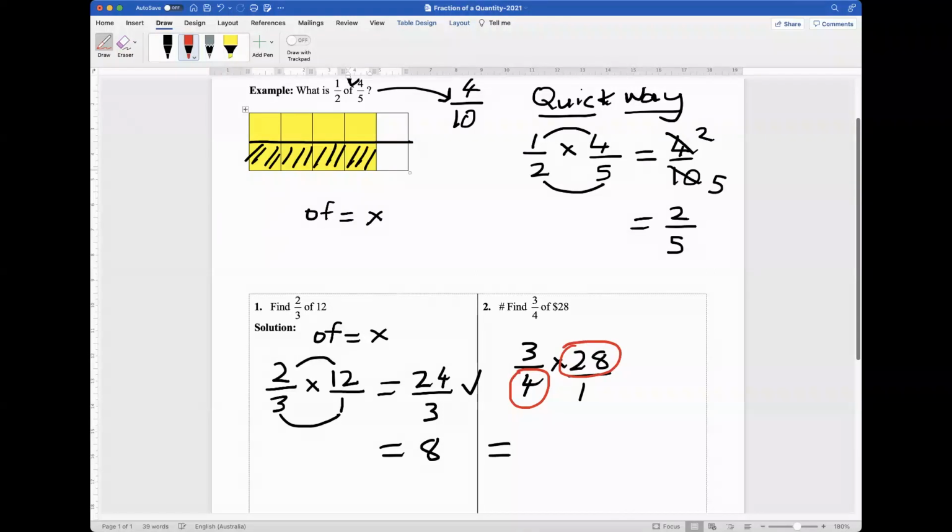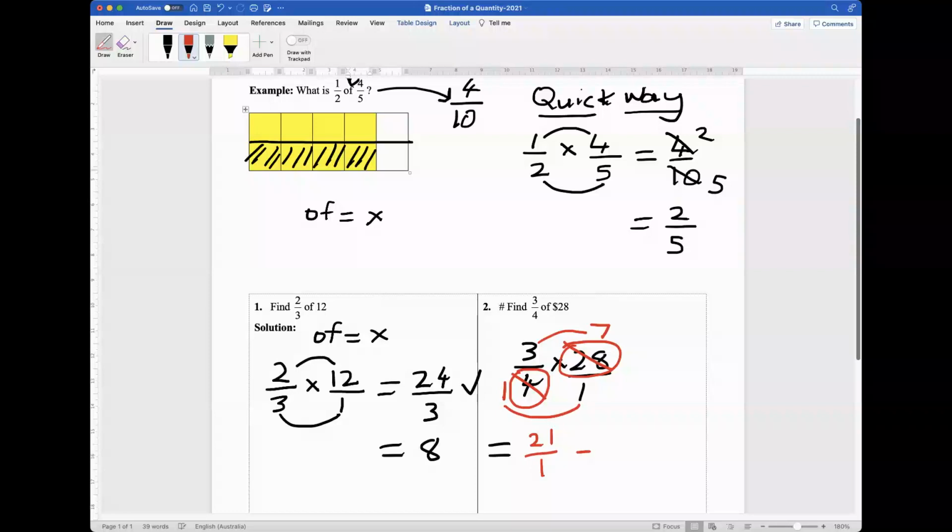Now think of what goes into 4 and 28. Well, 4 goes in it, doesn't it? So 4 goes into 28 7 times, and 4 goes into 4 once. Now we've got 3 times 7, which is 21, and then we have 1 times 1, which is 1.